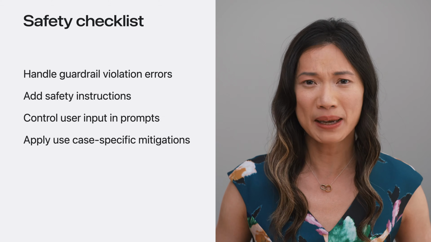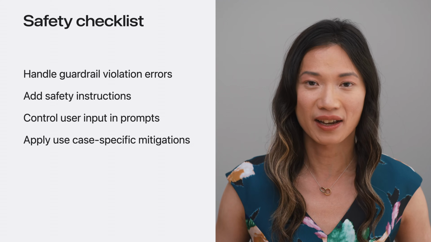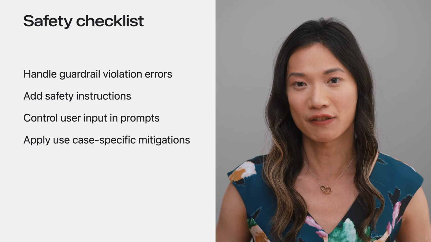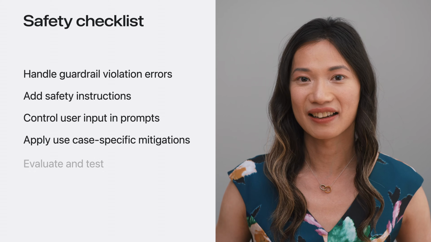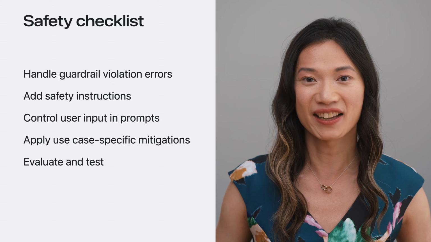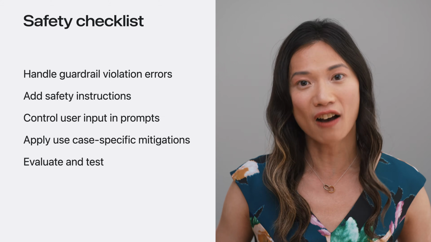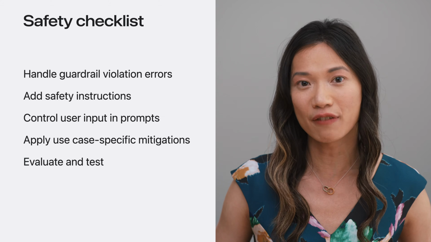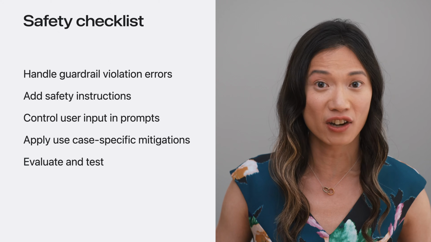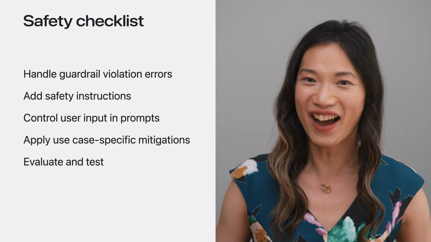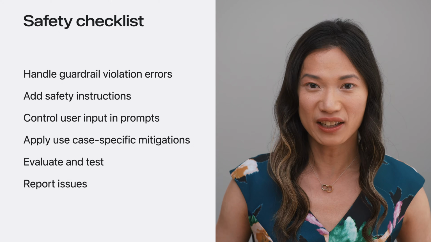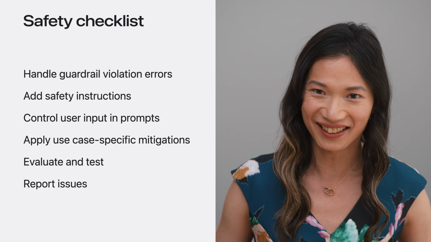Anticipate impact when people use your intelligence features and apply use case-specific mitigations. Invest in evaluation and testing so you can be confident in the quality and safety of the intelligence feature in your app. And finally, report safety issues using Feedback Assistant.